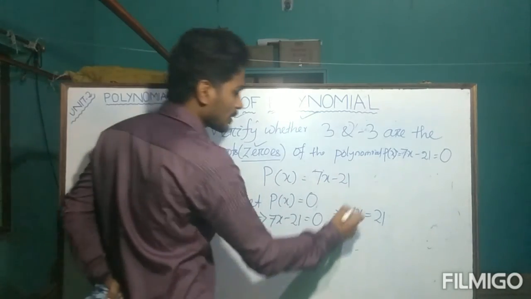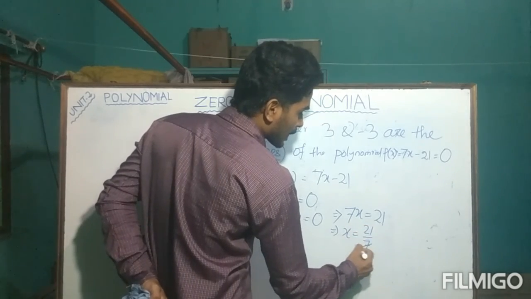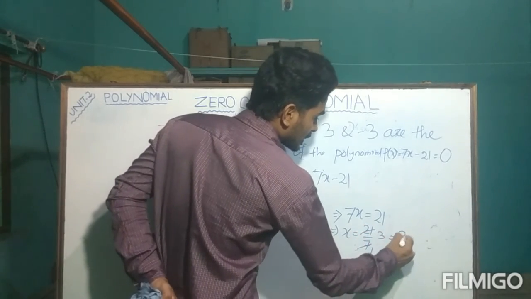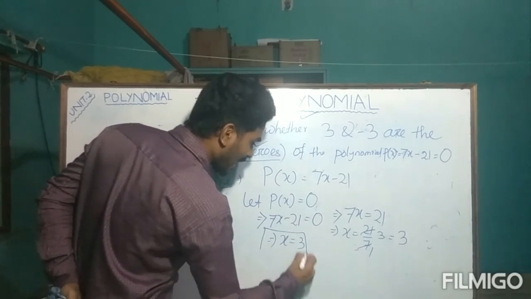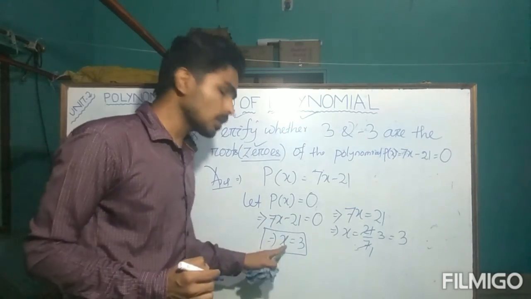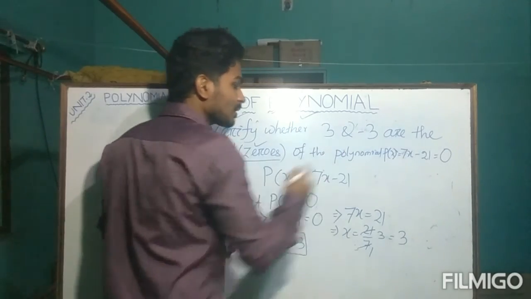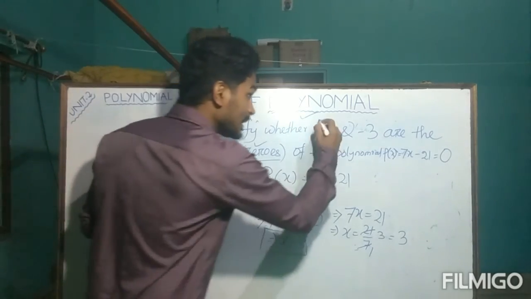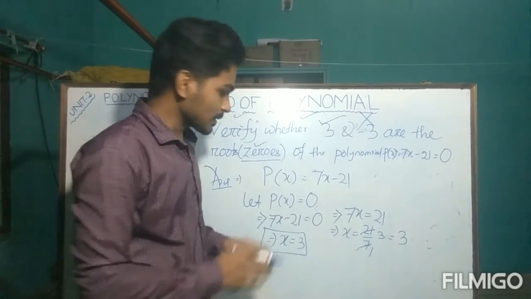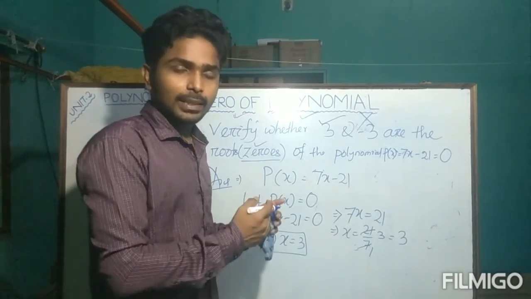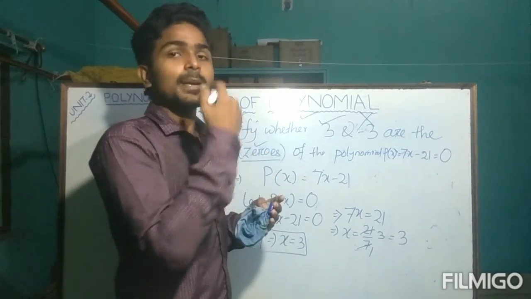When minus 21 goes to the right side, x is equal to 21 by 7. 7 times 3 is 21, so x is equal to 3. Hence x is equal to 3. So we find that the value of the root, or the 0, is 3. So whether 3 and minus 3 are the zeros? Yes, 3 is the zero, but minus 3 is not the 0. Clear? So in this way we can verify whether a number is the actual 0 of a polynomial.